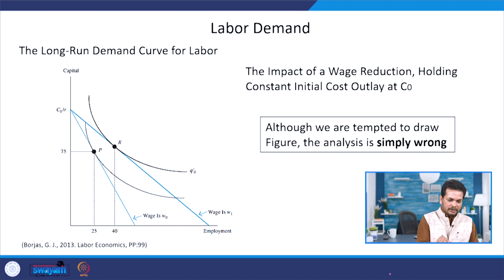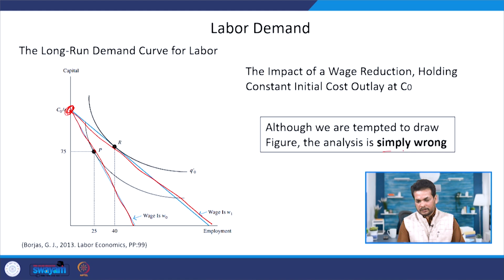So, you will not rotate around that initial cost outline at that intercept. So, if we are rotating around this intercept, simply moving this isocost from this position to this position, then it is simply a wrong analysis.